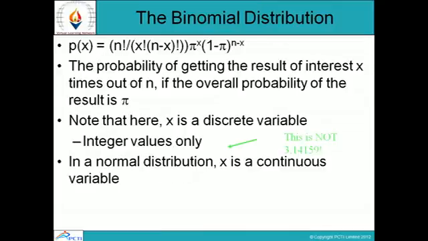Like P(x) equals n factorial upon x factorial times (n minus x) factorial, times pi^x times (1 minus pi)^(n minus x). This is the probability of getting the result of interest x times out of n, if the overall probability of the result is pi. Note that here x is a discrete variable, integer values only.